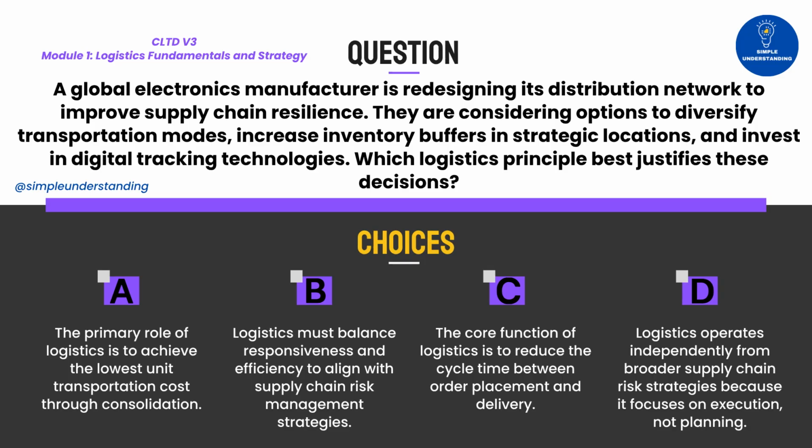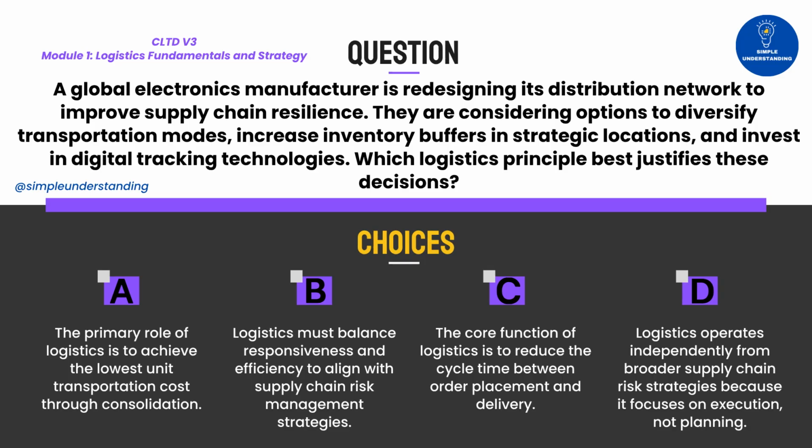A. The primary role of logistics is to achieve the lowest unit transportation cost through consolidation. B. Logistics must balance responsiveness and efficiency to align with supply chain risk management strategies. C. The core function of logistics is to reduce the cycle time between order placement and delivery.